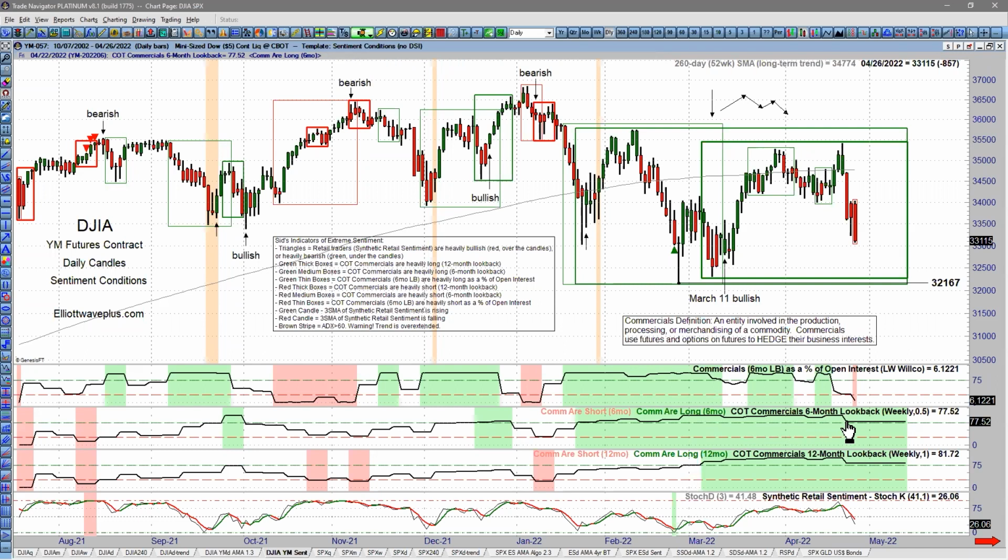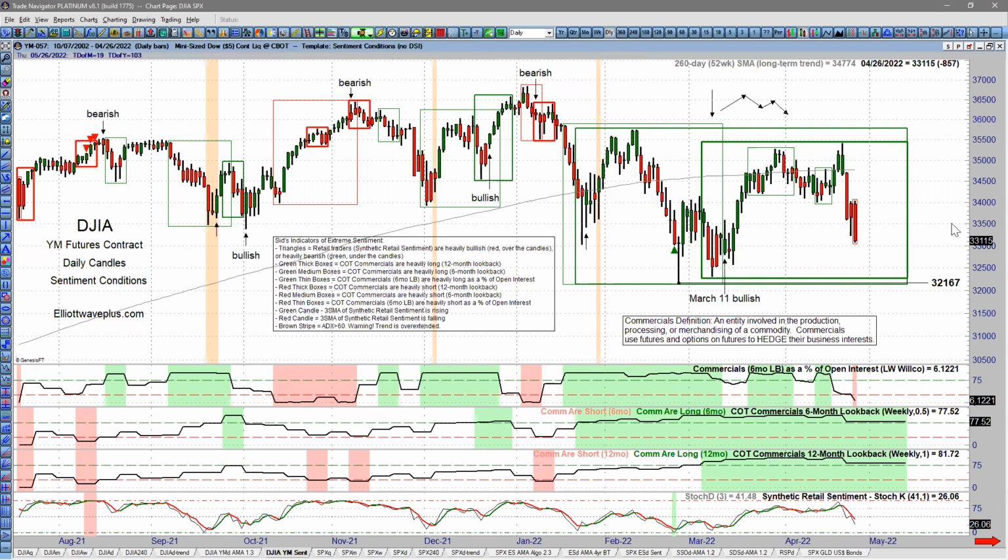On a 6-month look back, it puts up a medium-walled box, and you can see that they've been showing themselves as bullish on this chart, in this green medium thick box, ever since January 21. And then the slowest acting, the 12-month look back, gives the heavy box.